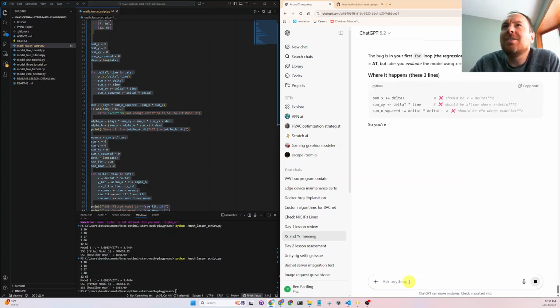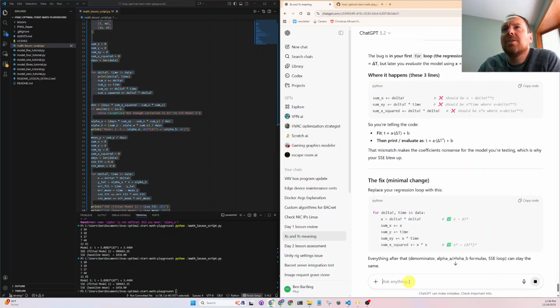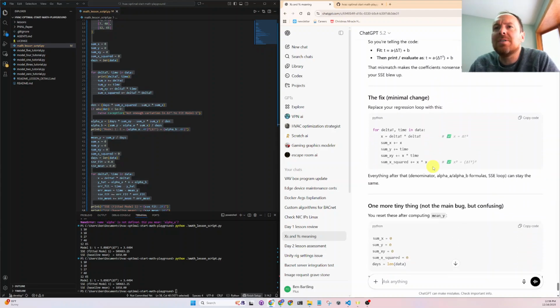Your bug is in your first for loop regression sums. So you're telling the code these 3 lines. All right, maybe I'm getting something mixed up from our previous lesson here. Replace a regression for loop with this.